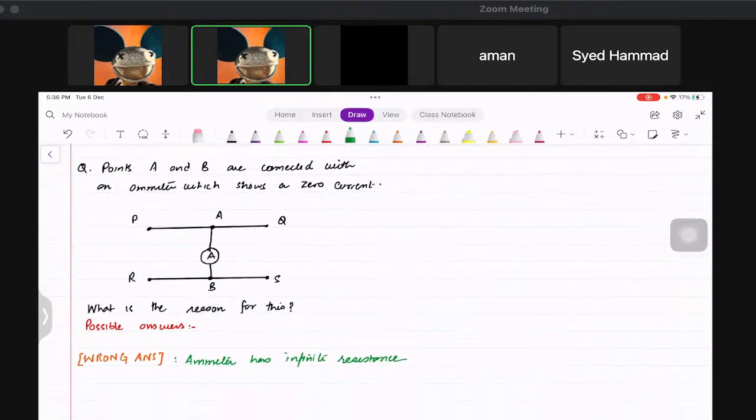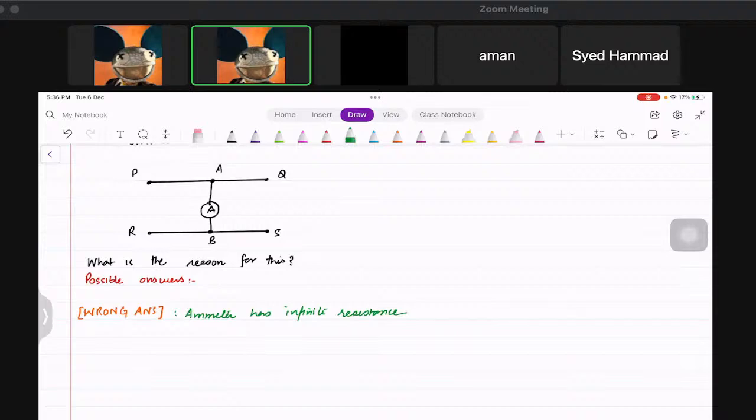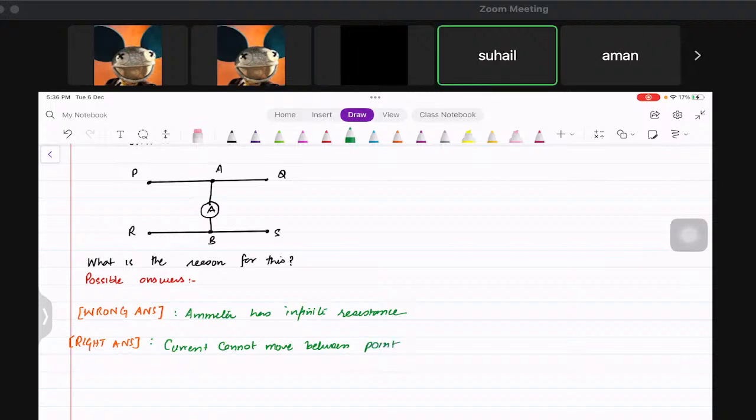The right answer for such a question would be that current cannot move between points of the same potential.